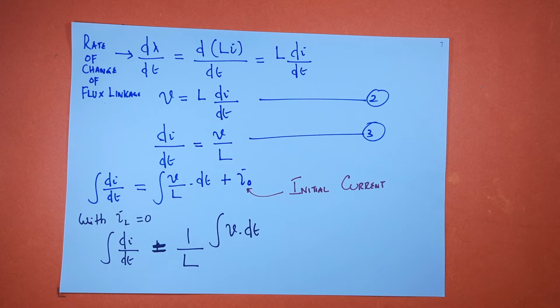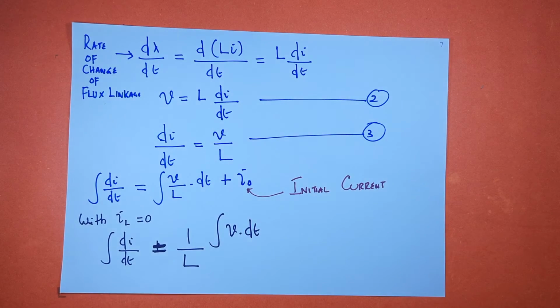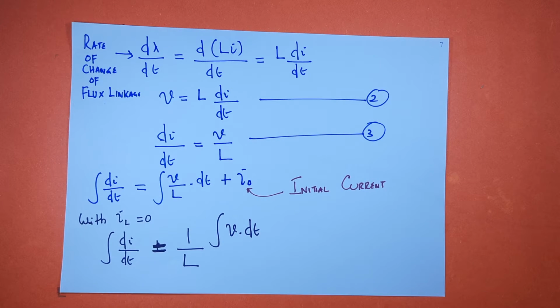So next, you differentiate on both sides of equation number 1. You get d lambda by dt equal to d by dt of L into i. L is a constant, take it outside. This d lambda by dt is nothing but the rate of change of flux linkage.